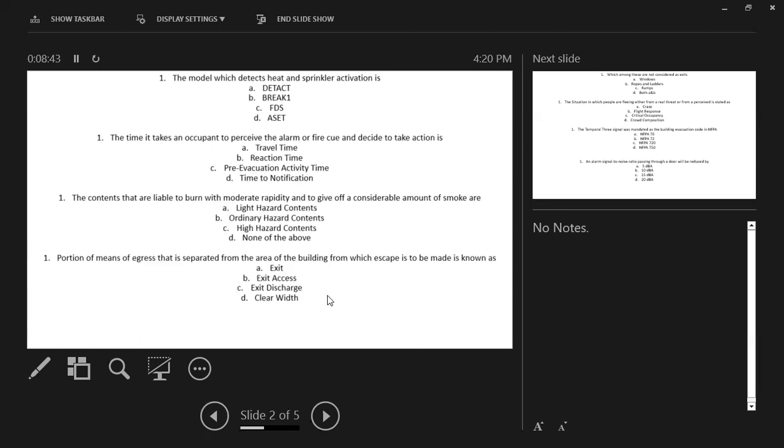Exit access is defined as the pathway that leads towards the exit, right? So that is exit. So this portion of means of egress is exit.